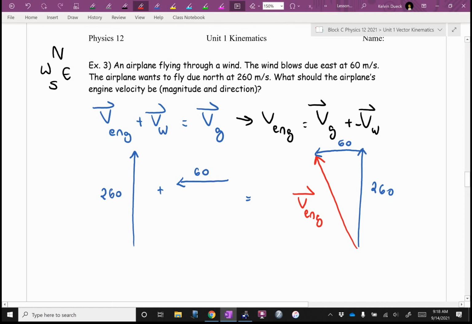Where's theta going to go? Top left or bottom right? Bottom right. Well, let's find the magnitude. You know what? Solve this on your own. I'll do it here.